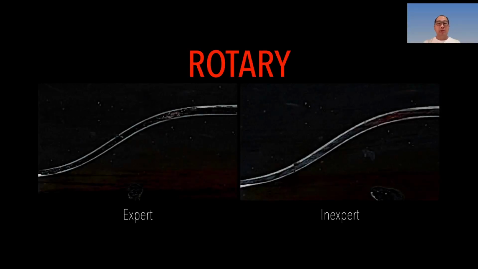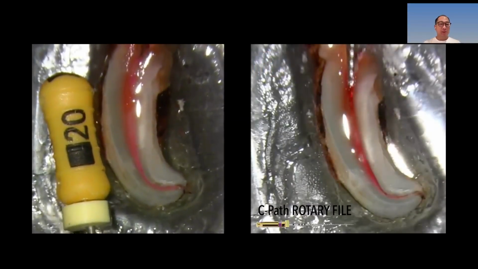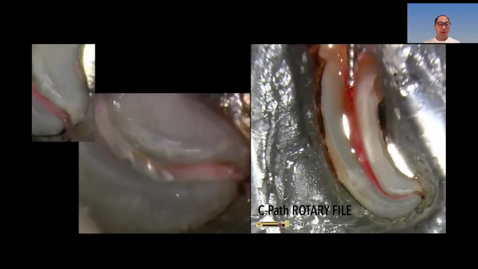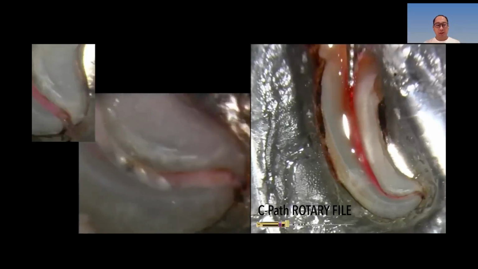And when the clinicians use the rotary, both expert and inexpert, you can see it is way better, way smaller, and there are far fewer deviations inside the root canal systems. On your left side is the manual glide path. You can see this is the 20K file. It's a stiff file, and it has a cut at the tip.